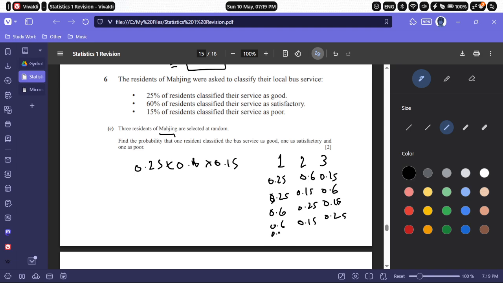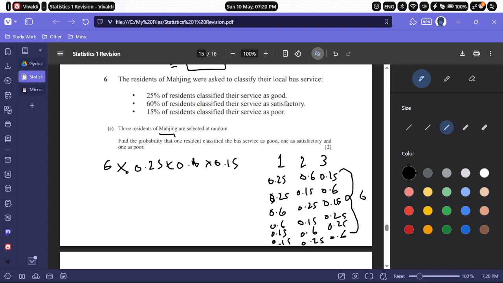And then last is 0.15, so 0.6, 0.25, 0.15, 0.25, 0.6. So if you just add all of this up, 1, 2, 3, 4, 5, you have 6 cases with the same probabilities. So 6 times this would be the probability that they classify it in such a way.